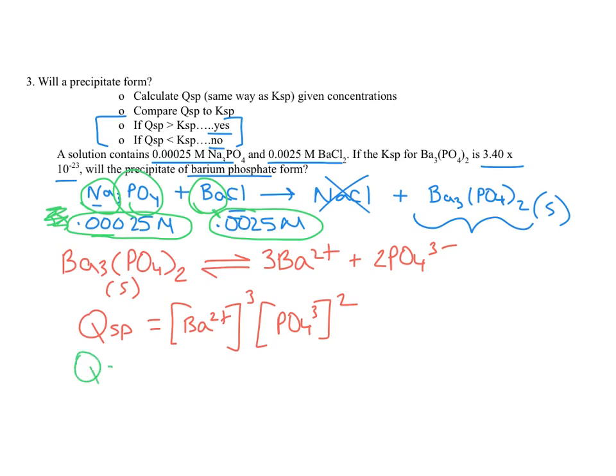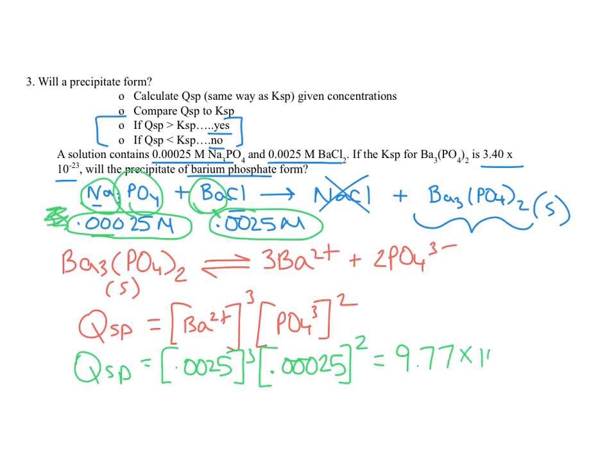So when I plug in those numbers, my barium concentration is 0.0025. That gets cubed. My phosphate concentration is 0.0025. That gets squared. That's going to give me a Q value of 9.77 times 10 to the negative 16.